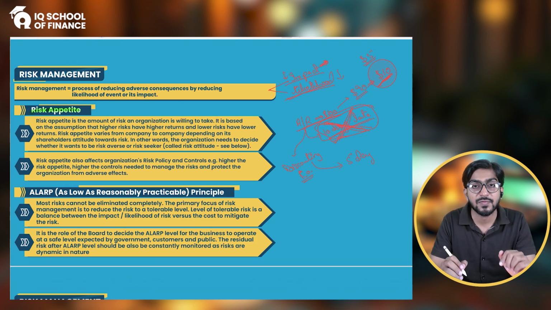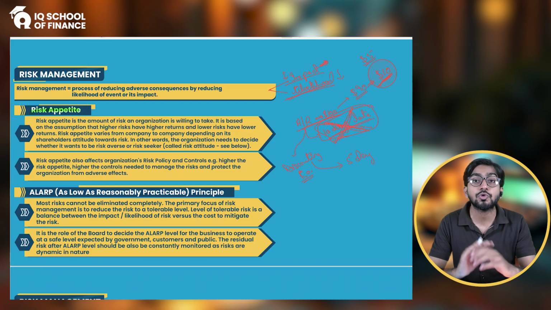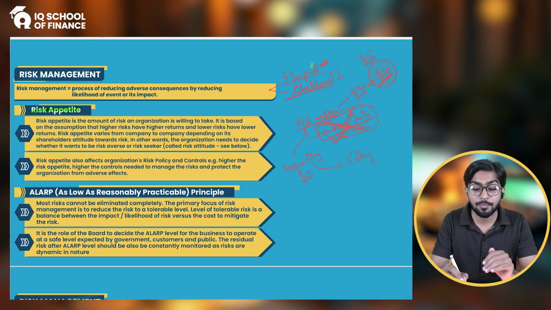For example, if there is a person who has a low risk appetite, you will always see that this person is incurring too much cost in reducing the risk, in reducing the impact or the likelihood.